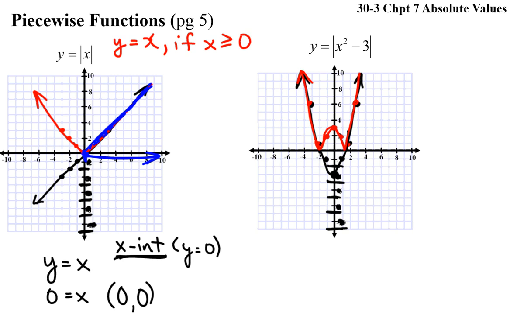The second part is the absolute part, where we had to get the negative of the x. And where does that happen? It happened on this part. This is the part of the graph that became reflected to make it the absolute. So we get the absolute part of the graph where x is less than 0.